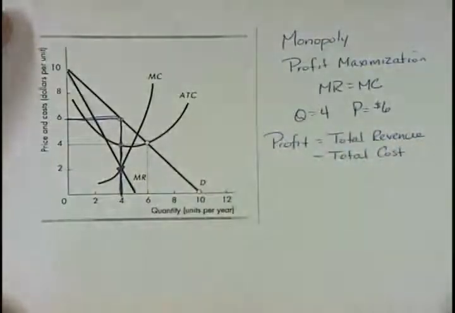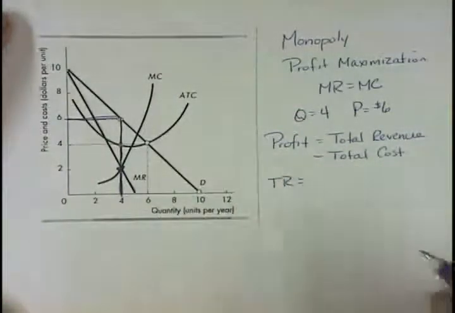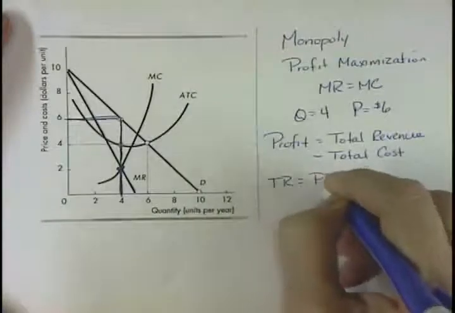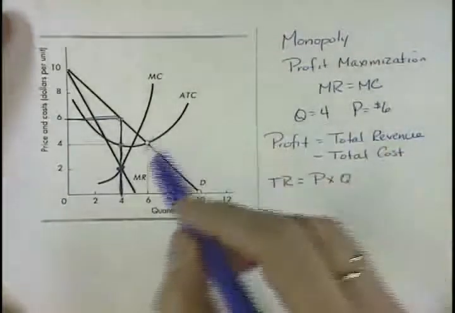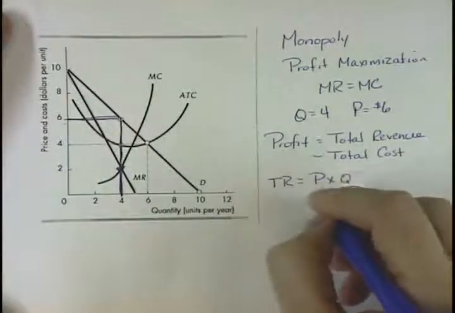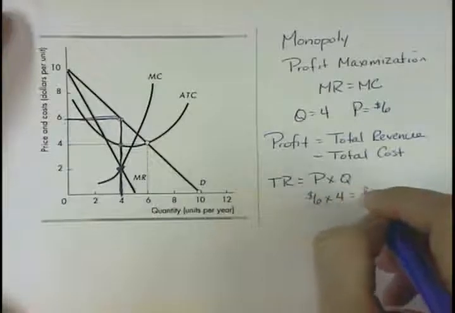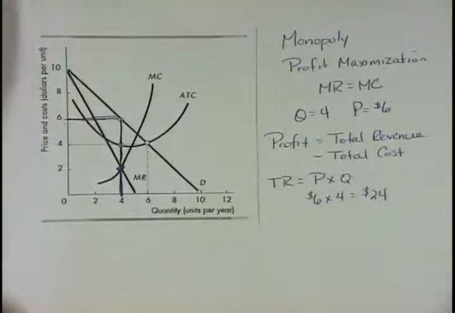So let's figure this out. Total revenue, TR, is going to be our price times our quantity. We've already figured that out. We're producing 4, we're charging 6. So $6 times 4 units is $24. Our total revenue is $24.